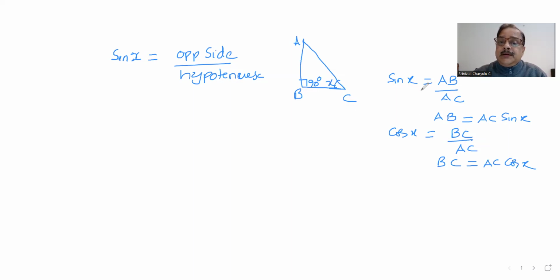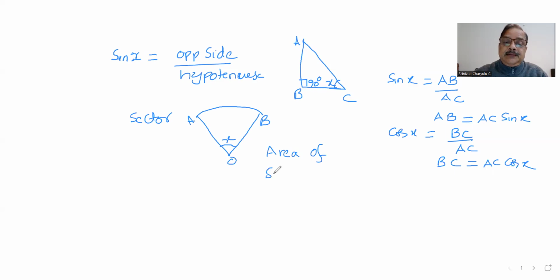So this particular memory from trigonometry is required. The second one is the sector, which you learned in mensuration. If you have a sector OAB with angle x, we only have to remember the area of a sector formula, because our derivation requires these two.